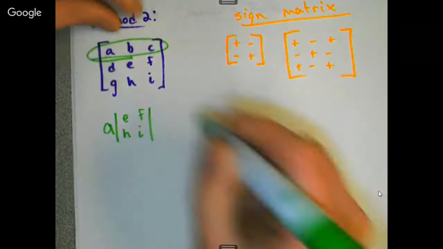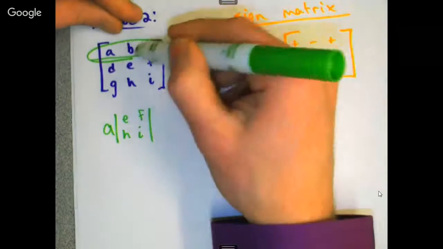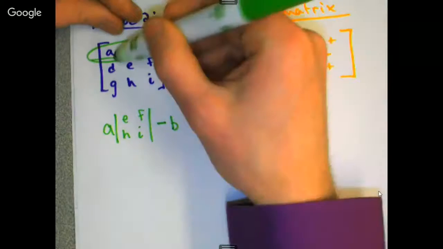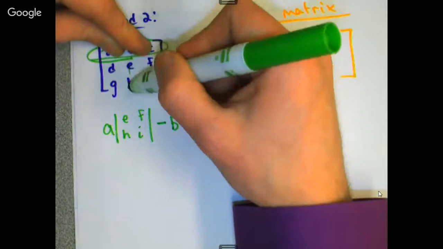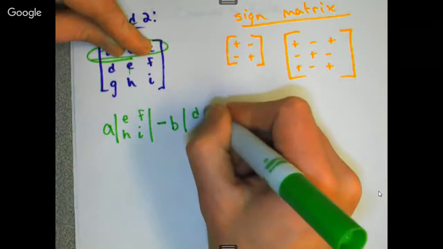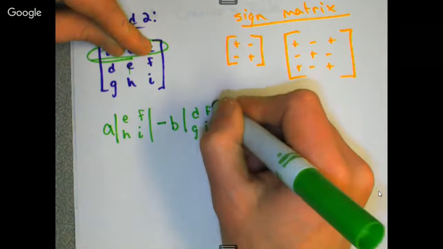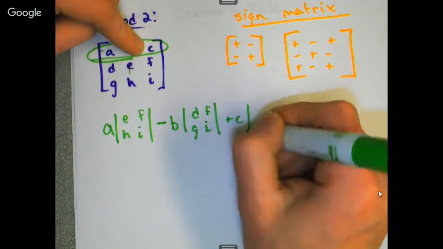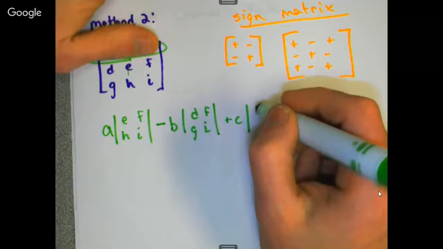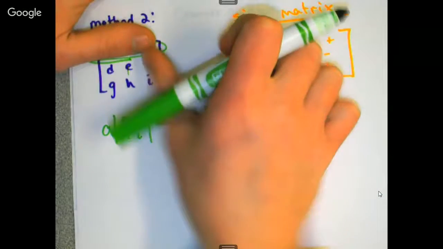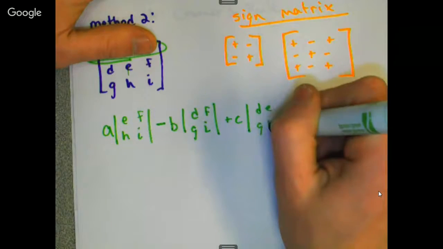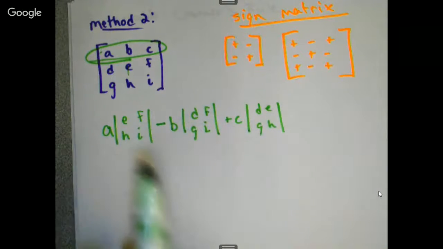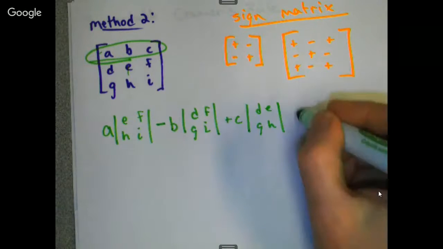Okay. Then we will move on to B, and B is negative, so we will subtract B, and again cover up this row and this column. So then we have D, F, G, I. And then we have to do C, which is positive, so plus C. And then the determinant, if I cover up this row, this column, I have D, E, G, H. And then we'll find the determinant of each one of these and add or subtract those to give you your full determinant.